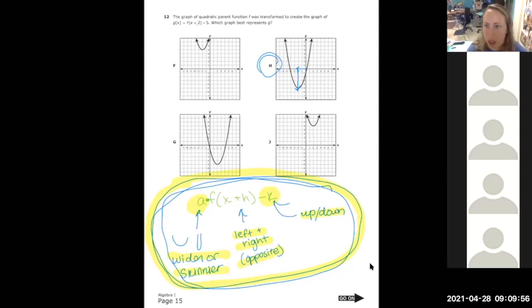Okay, so if you haven't copied it all the way down now, take a picture of it real quick. And then we're gonna go back to number 33.